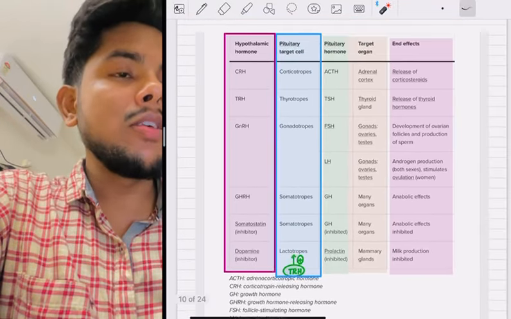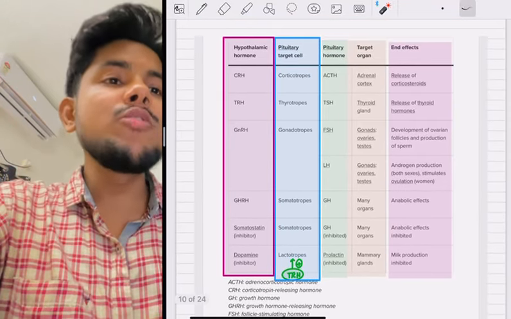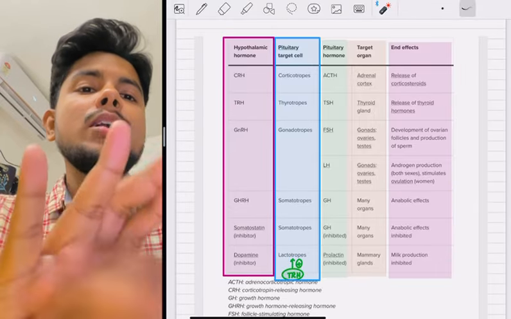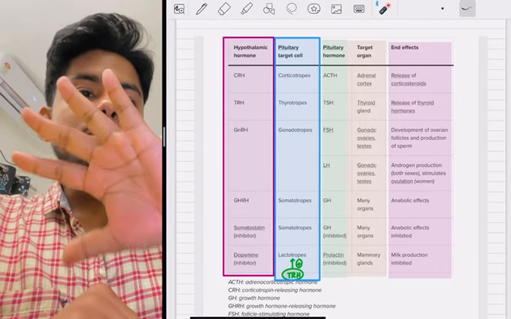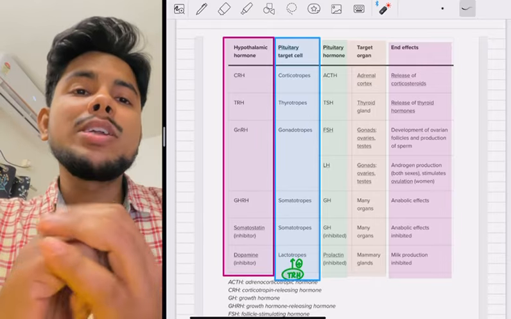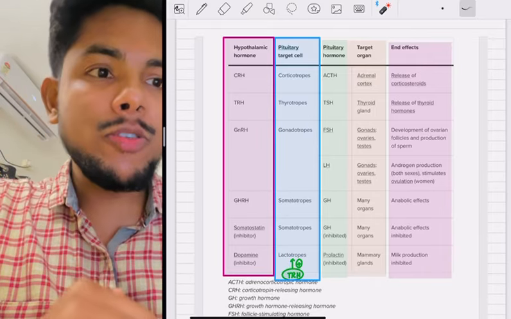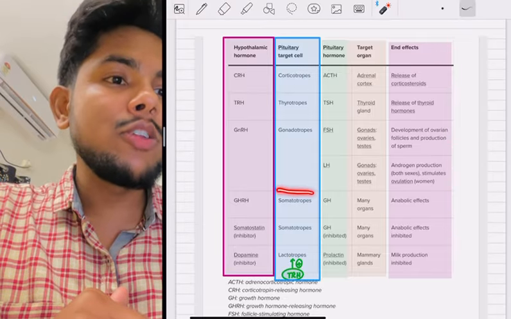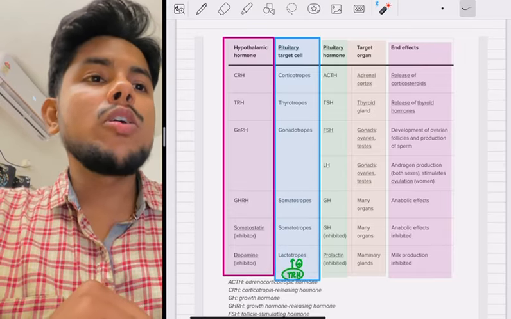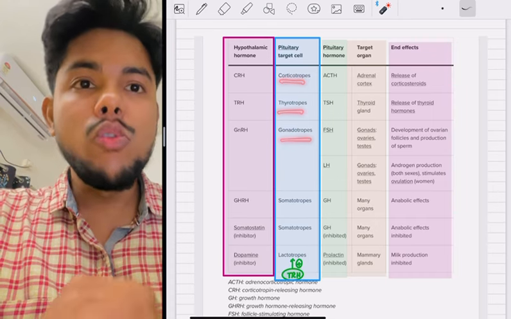So from this chart, you can essentially understand that there are 5 anterior pituitary cells. We have somatotrophs. Somatotroph has its twin sister called lactotrophs, right? So somatotroph and lactotroph are like twin sisters. Okay, and then we have corticotroph, thyrotroph, and gonadotroph.